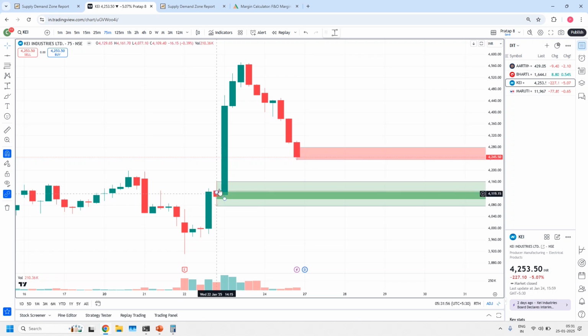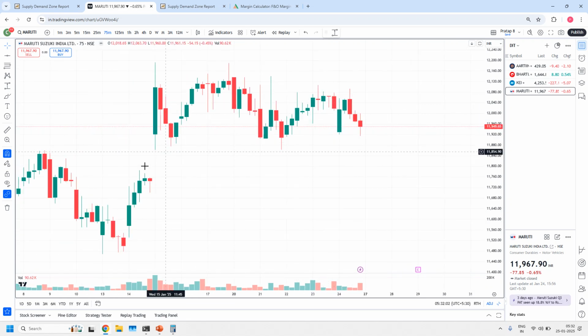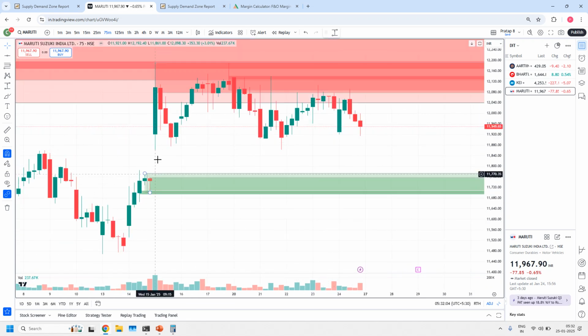Inside we have a 15-minute zone, and inside the 15, a 5-minute zone. And Maruti is the same case. Here we have seen rally, 2 base candles, rally. In the 75, inside we have 15. Inside the 15 we don't have a proper 5-minute zone, but the 75 is having a 5-minute origin. That is the lesson 22 concept. So the software perfectly identified.